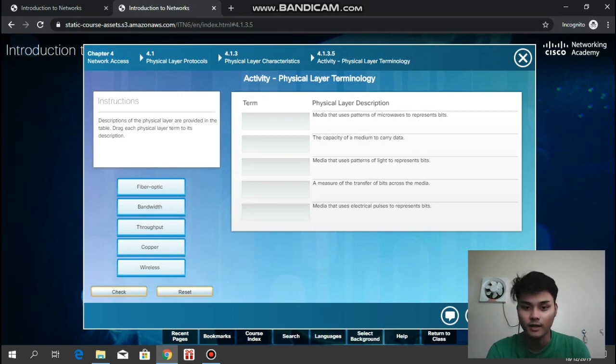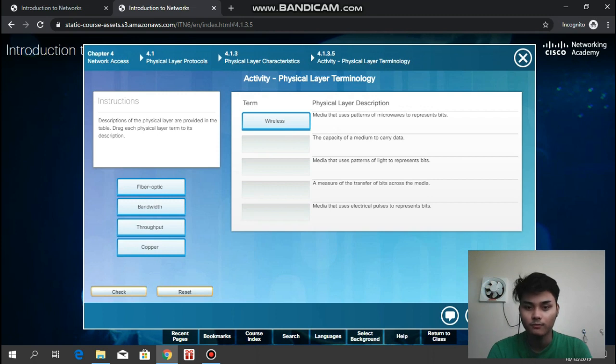So first, we will read the question again. Media that uses patterns of microwaves to represent bits. For this we will use wireless, because wireless is commonly used in wireless devices such as laptops and cell phones. It uses patterns of microwaves.